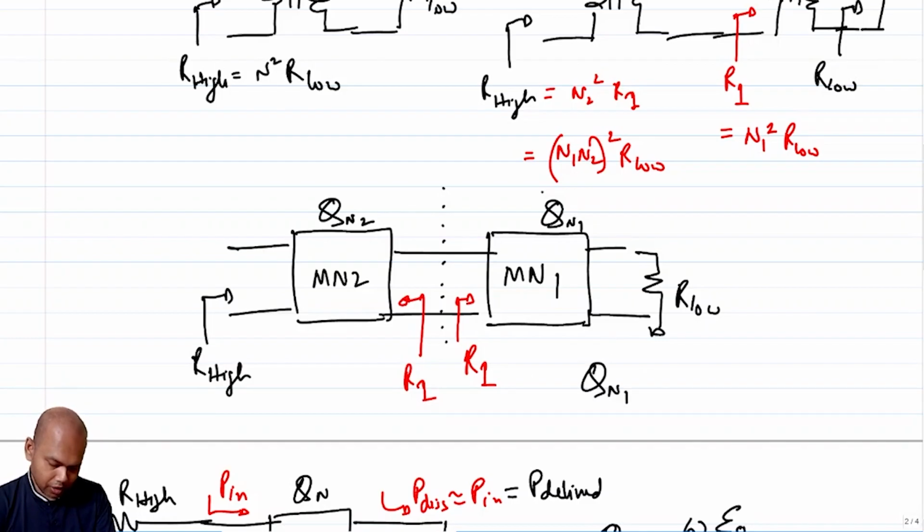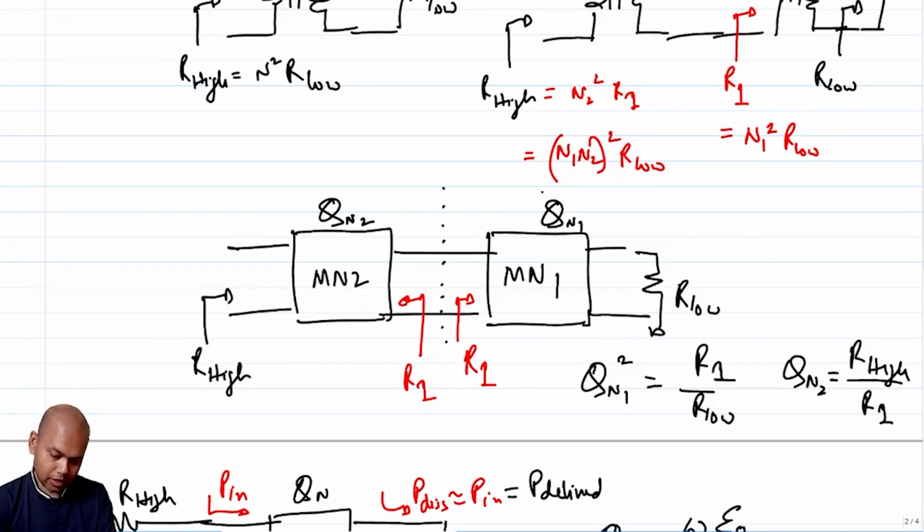What is Qn1 in terms of our ratios of resistances? Qn squared is essentially Ri by R low. This is for matching network 1, and for matching network 2, your Qn squared is R high by Ri, correct?